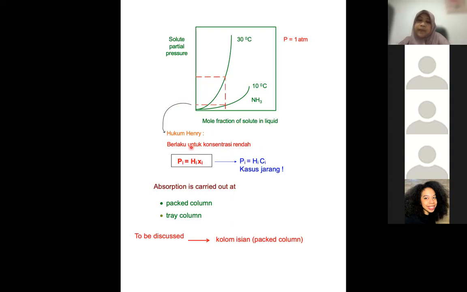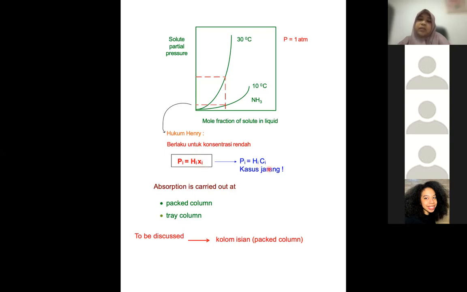So sometimes we only use this region of Henry's law, and it's only for dilute concentration. The correlation between the pressure and the mole fraction of the solute in the liquid is called Henry's law, and it's actually Pi equal to the Henry coefficient multiplied by Xi, the mole fraction of solute in the liquid.